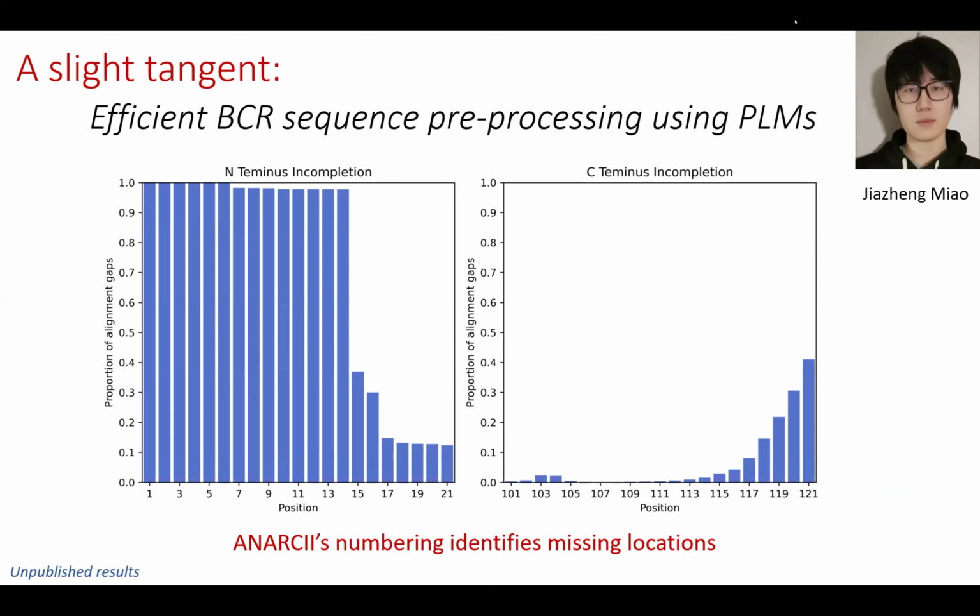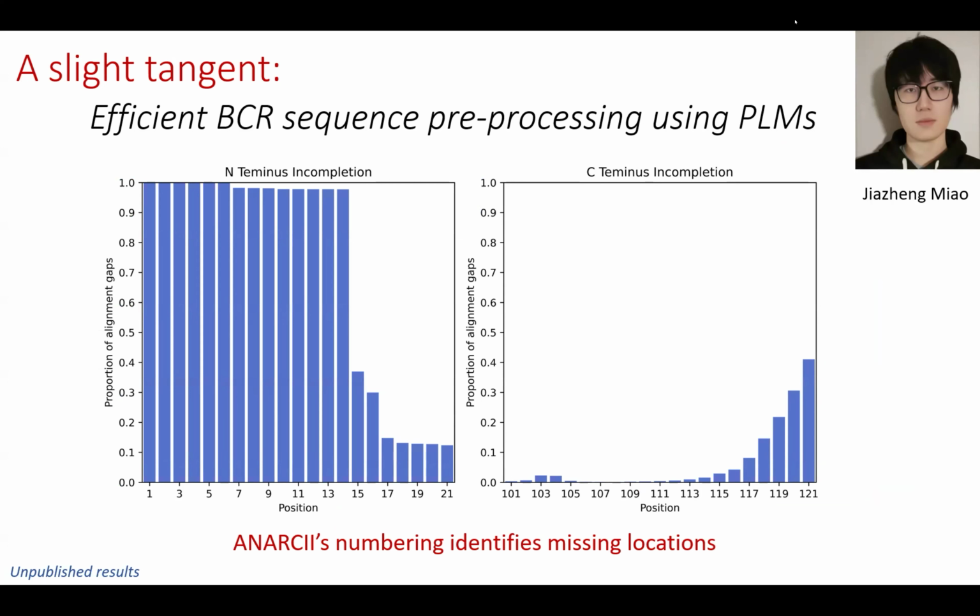Here, what I'm showing you is that Anarchy's numbering is effective at identifying that these locations are missing. And as you would expect, because of how the primer tagging works in these sequencings, you often miss a good chunk of the N terminus, so you want to get that, and sometimes you'll miss a bit of the C terminus.